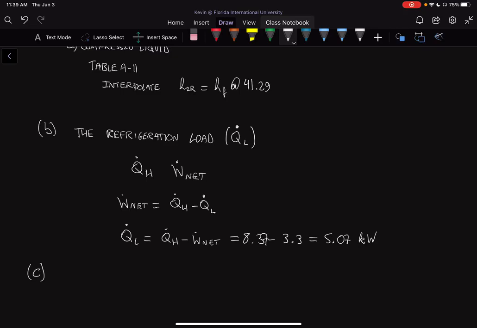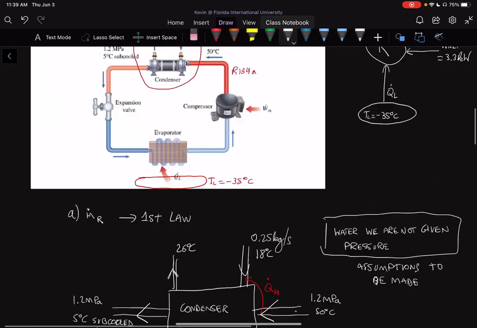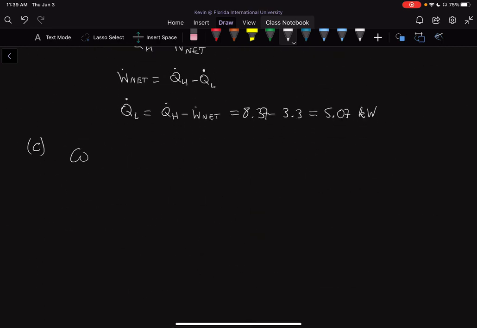Now in part C, we have the following question. Part C asks us to find the COP, the coefficient of performance of the refrigerator. Once again, we're not told that it's a reversible refrigerator or anything like that. We just use our common equation for COP. So we have a few different versions of the equations, and you can use your formula sheet that has been posted to look at all the equations.